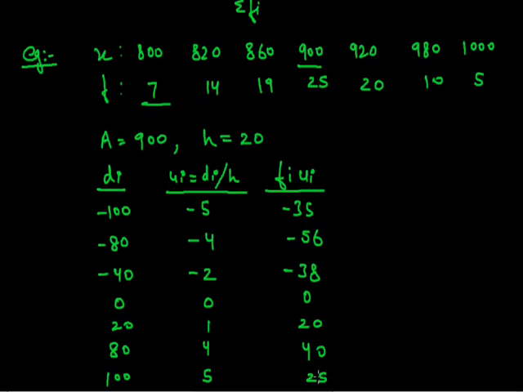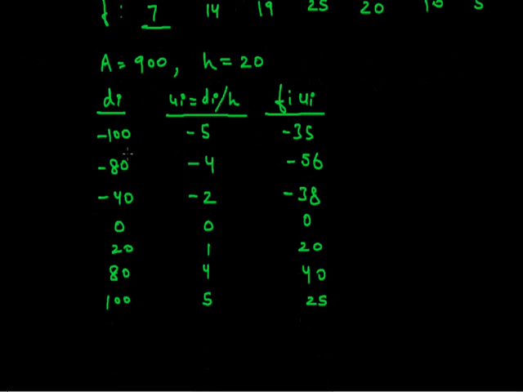So this is the value of fi ui we got, and our frequencies given were 7, 14, 19, 25, 20, 10 and 5.